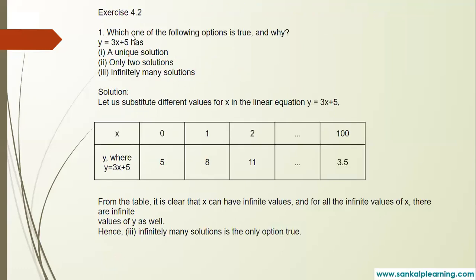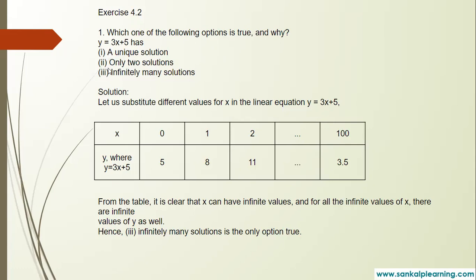Exercise 4.2. Which of the following options is true and why? The first one, here they have given the equation y is equal to 3x plus 5. They have given three options here. You have to say which option is true.